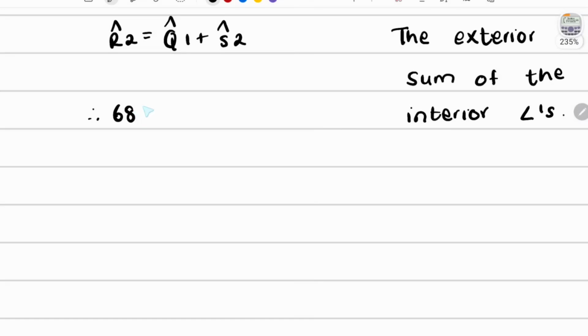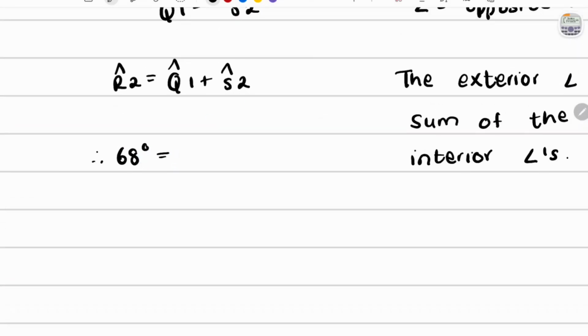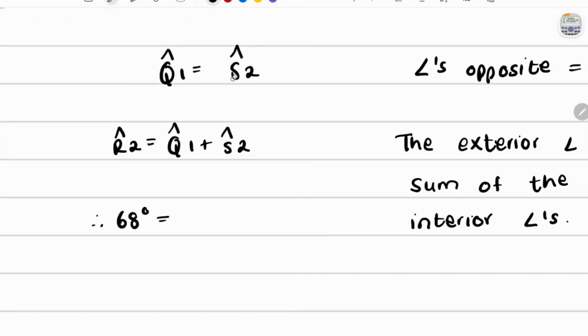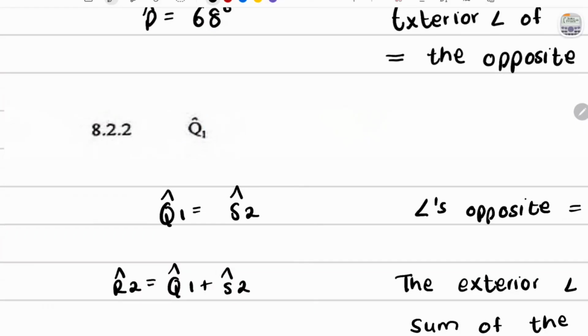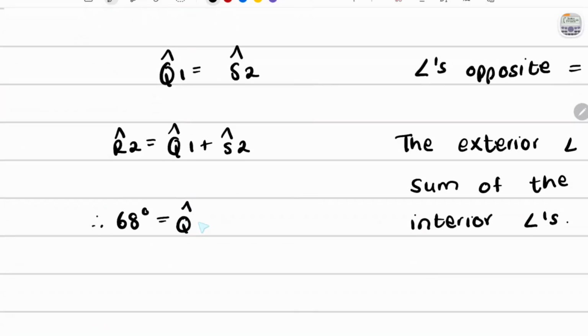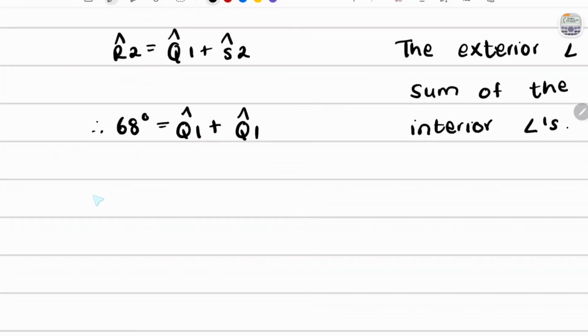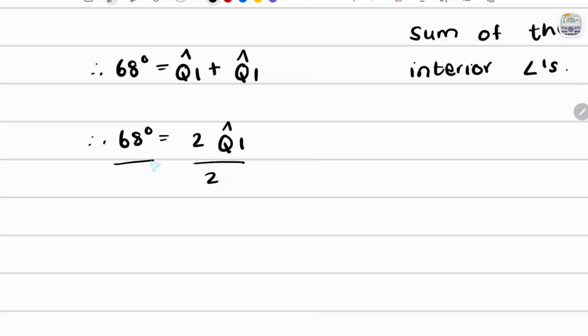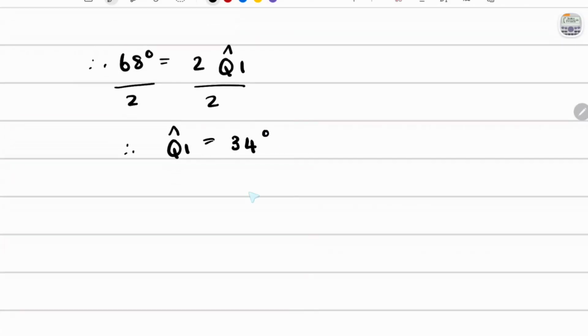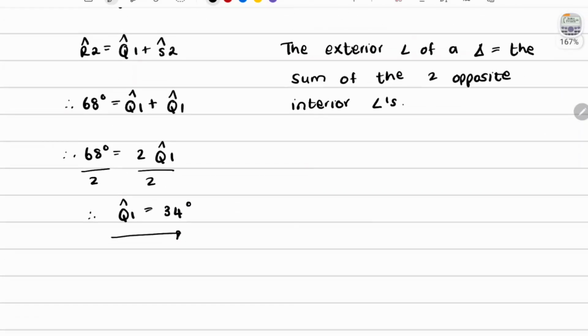We're trying to find angle Q1, so we can say angle Q1 plus, but because we know these two are equal, let's replace angle S2 with angle Q1 as well. So 68 degrees is equal to 2 angle Q1. Then divide both sides by 2 to solve for Q1. Therefore, angle Q1 is equal to 34 degrees. And there we go. That is the size of angle Q1.